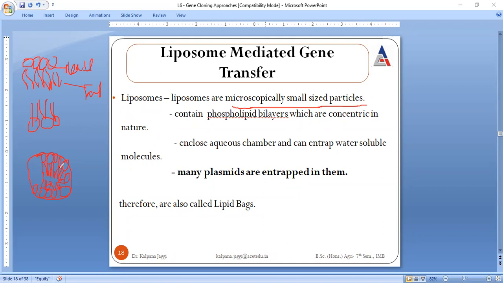That means this inner part consists of an aqueous chamber, and outside there is a non-aqueous part. These are also called lipid bags.